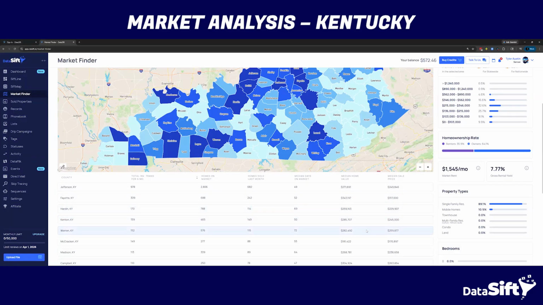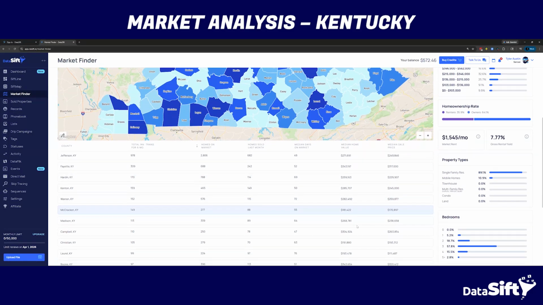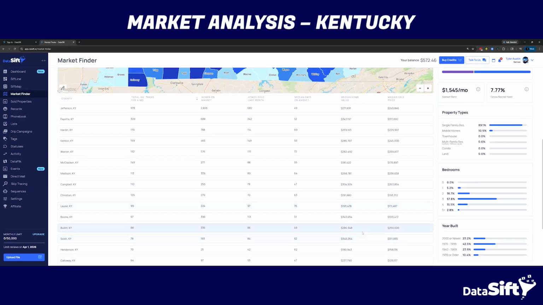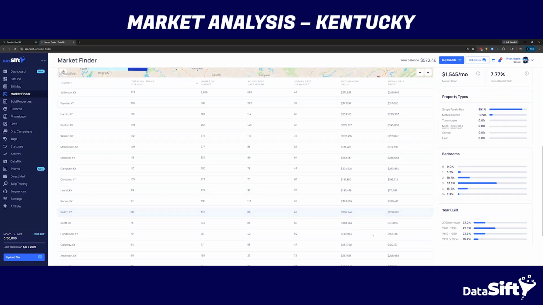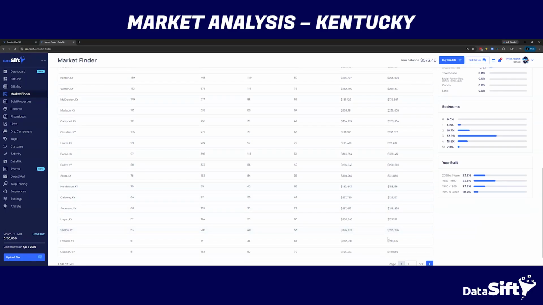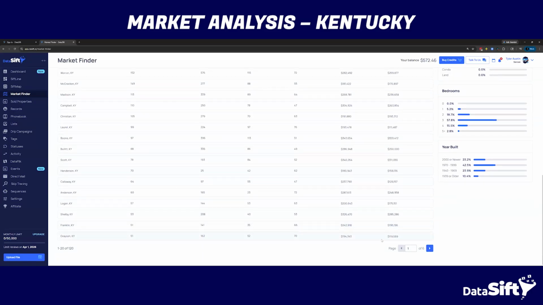Sometimes you'll see where the median home value is higher than your median sales price. This can be of concern. And if it's really drastic, it's also sometimes a little sus. Most of these are pretty good actually.